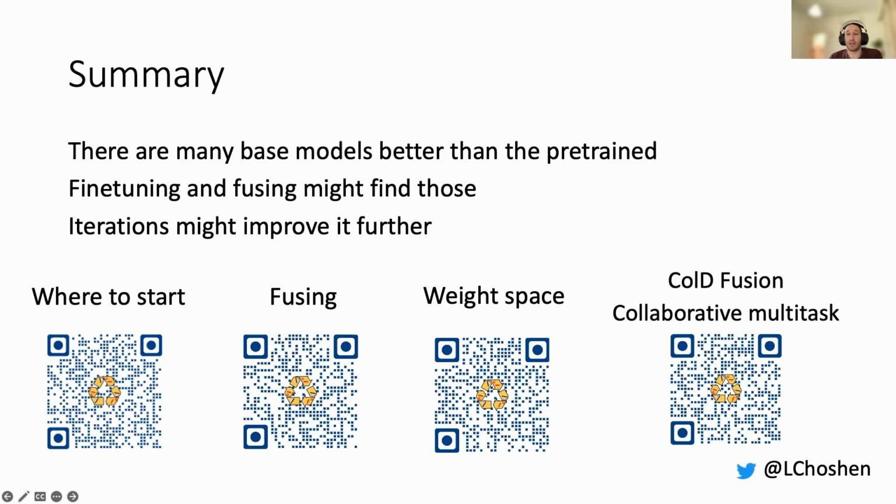We can take several models and fuse them and get something that is even a bit better. And we can have iterations of doing those fine-tunings again and again and sharing. And as a community, we can incorporate our expertise and knowledge and data and computation and keep on improving models as we go.